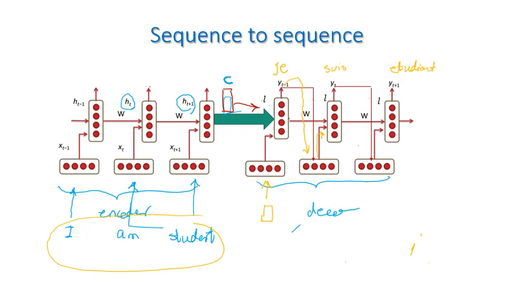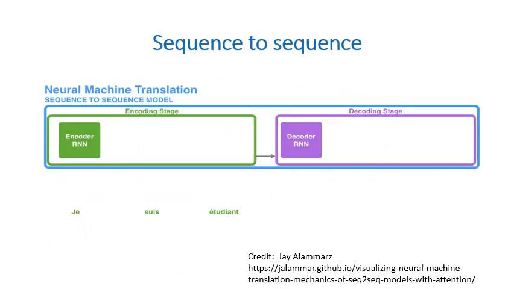The only information that I pass to my decoder is just this context vector, and I assume that this context vector summarizes the whole sentence that I had in the source language. This is the sequence to sequence model.